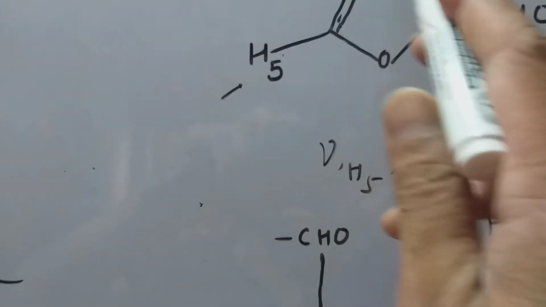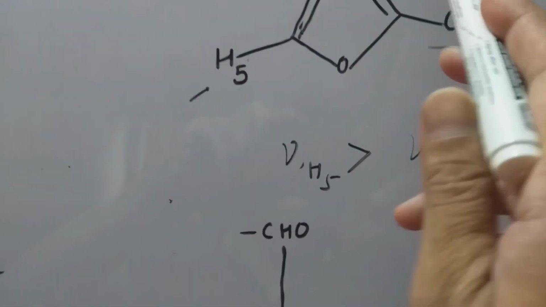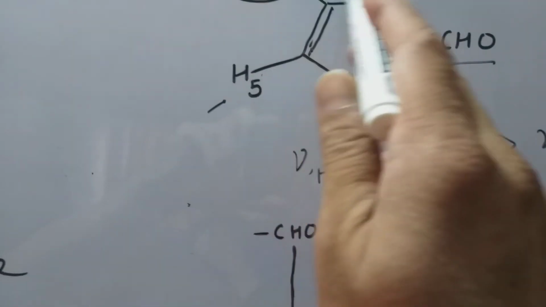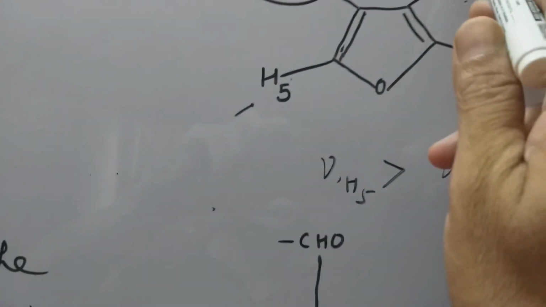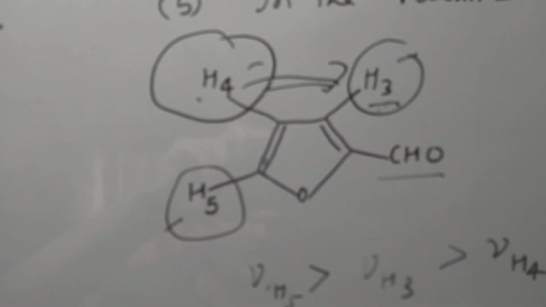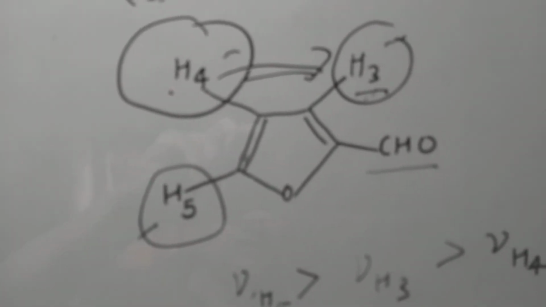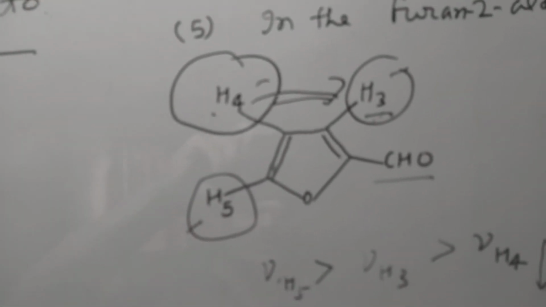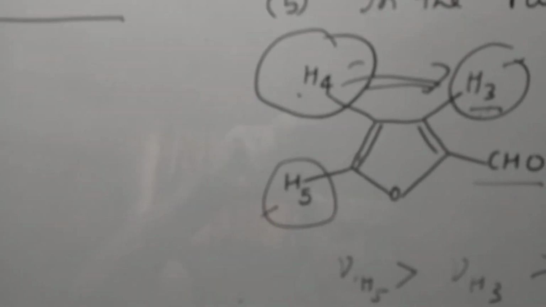It means when the proton H4 couples with proton H3, its signal will split into a doublet, and then this doublet will interact with the neighboring proton at position H5 and split into a further doublet, that is, a doublet of doublets is obtained from H4.